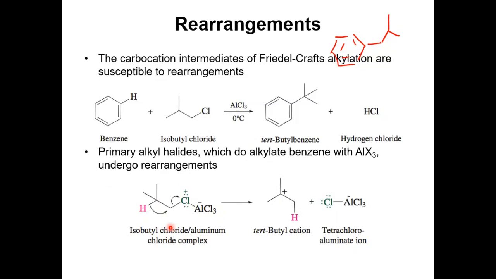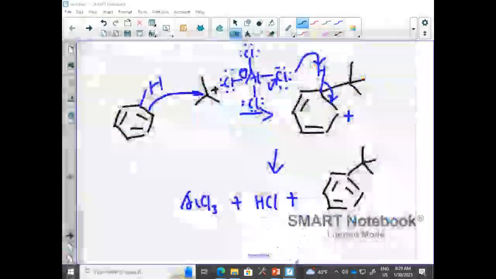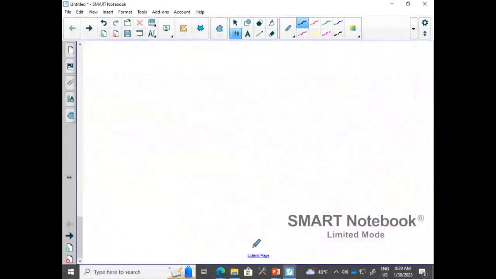Based on the Hammond postulate, when a carbocation is very unstable, its formation activation energy is very high. So think about the carbocation formation reaction. If it's a primary carbocation, it is like this. And if it's rearranged into a tertiary carbocation, the stability is like this.